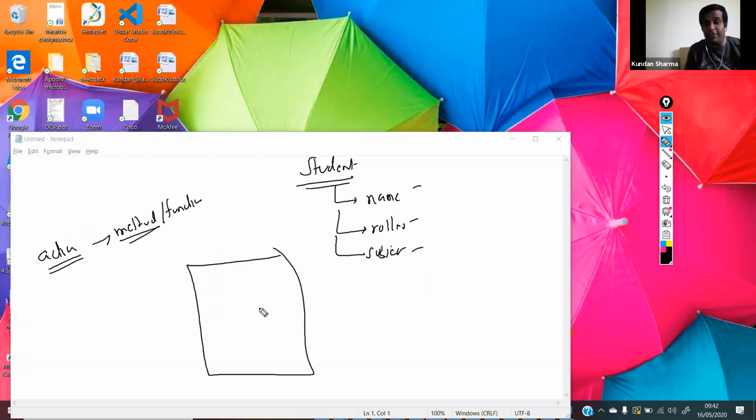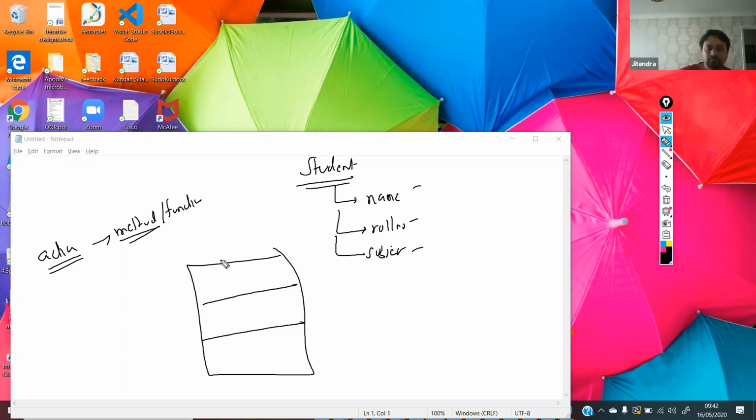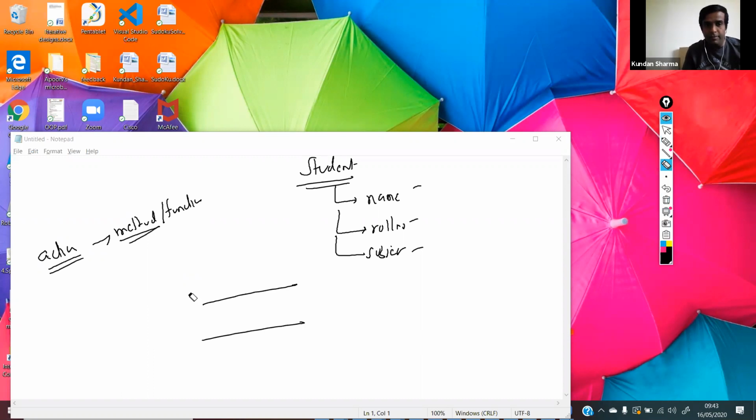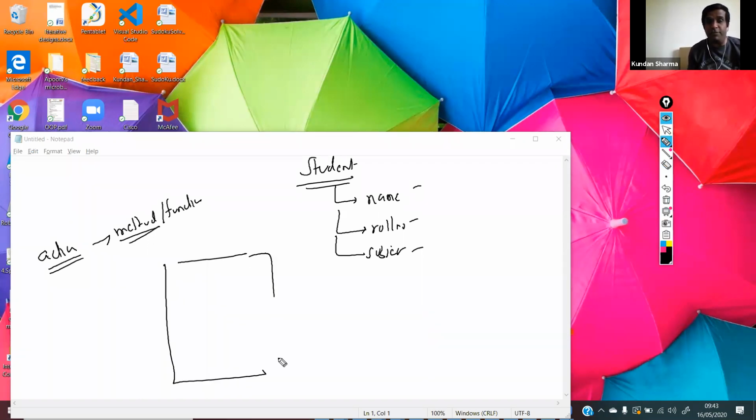A class will always have these things. I have drawn a rectangle here. This is the convention, the way we represent the structure of a class in any programming language. If I need to represent the structure of a class, we use a specific language.